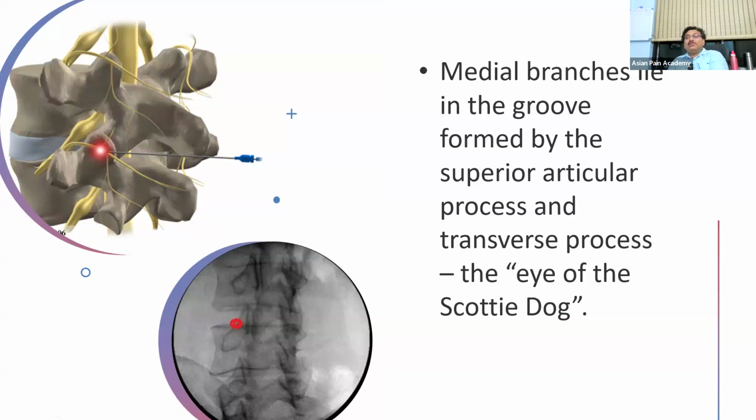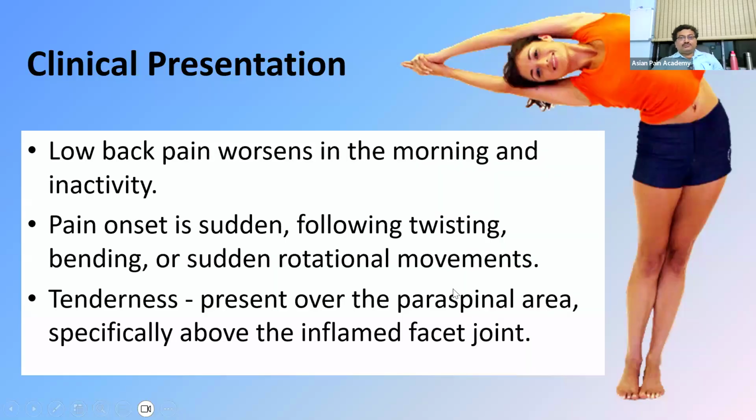Now, to find the medial branches, the medial branch lies in a groove formed by the superior articular process and the transverse process. And when we learned about the Scotty dog, it lies almost at the eye of the Scotty dog. This is the junction of the superior articular process and the transverse process, and it lies at the eye of the Scotty dog.